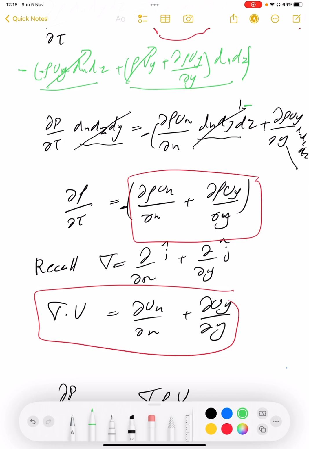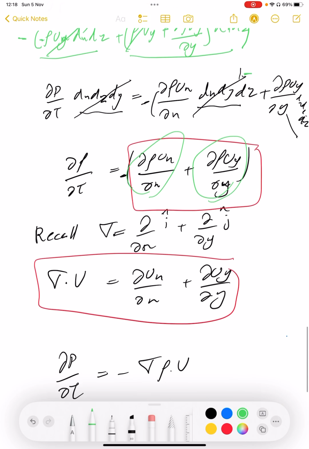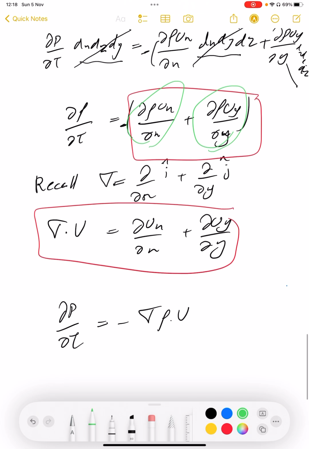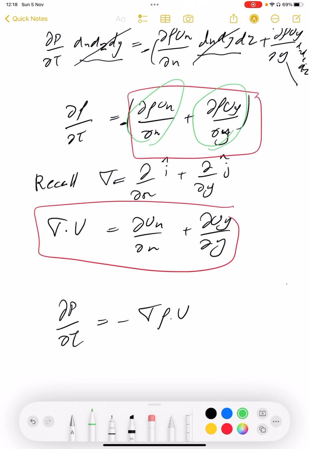So the variation of density in time is equal to the variation of flux in the x direction plus the variation of flux in the y direction. And we know the definition of gradient, so we can define the divergence, and we see that the variation of density in time is indeed equal to the divergence of flux, essentially. So we got to Gauss's divergence theorem by integrating over the surface, essentially.